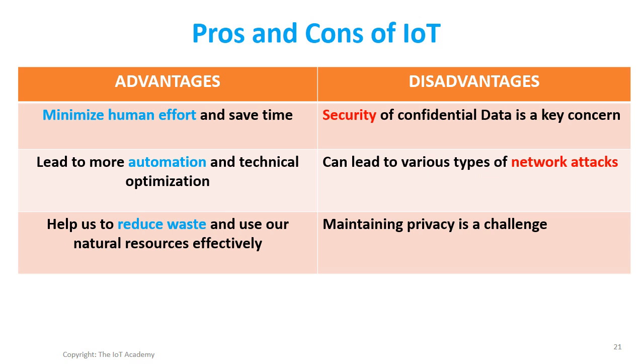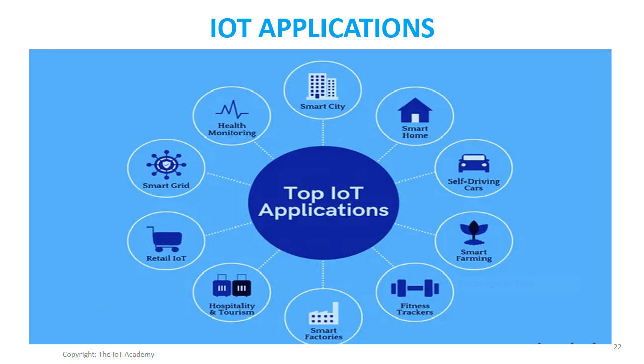It can also lead to various types of network attacks, and maintaining privacy is also a challenge in IoT. There are some IoT applications: smart cities, smart homes, self-driven cars, smart farming, fitness trackers, smart factories, hospitality and tourism, retail IoT, and smart grid.